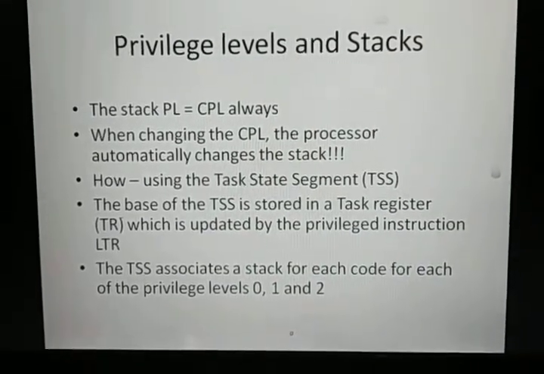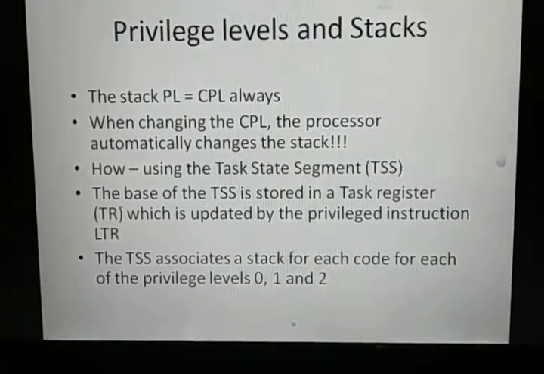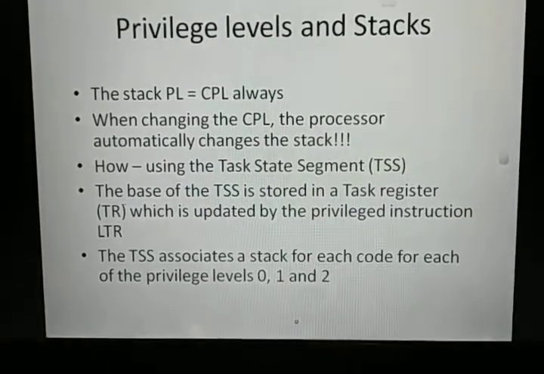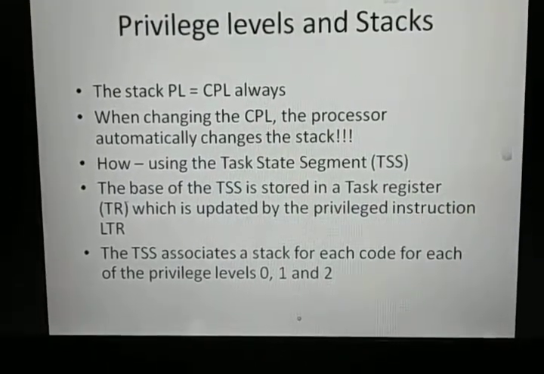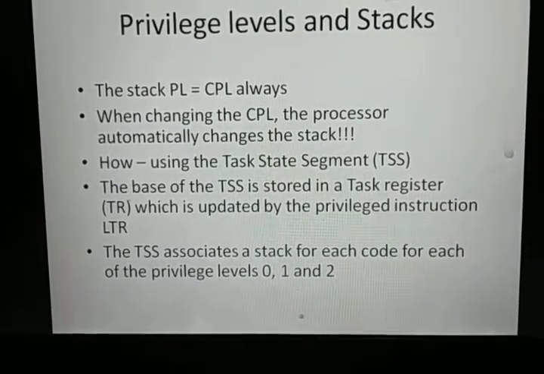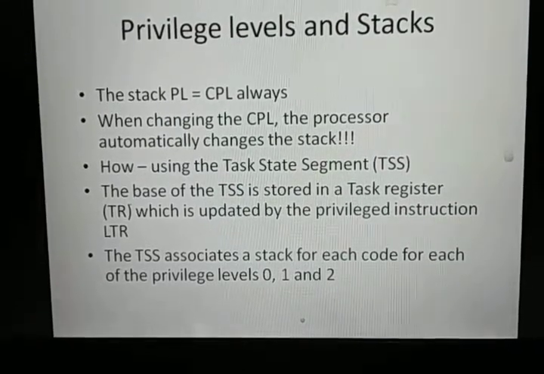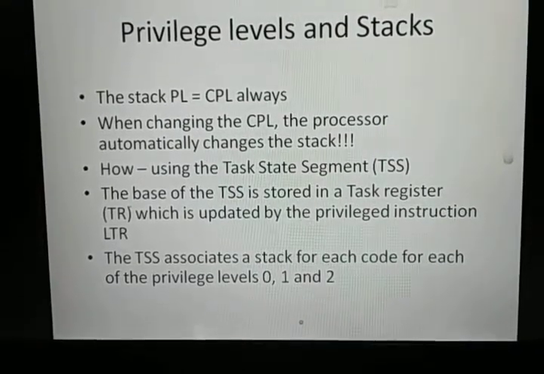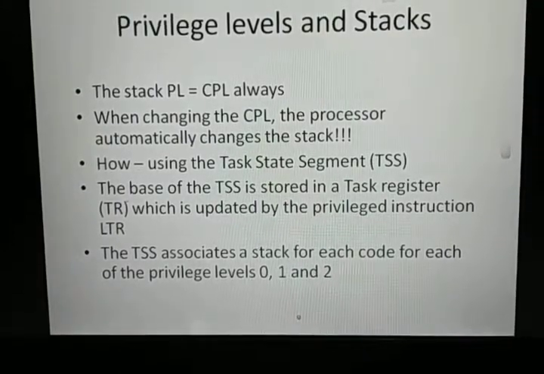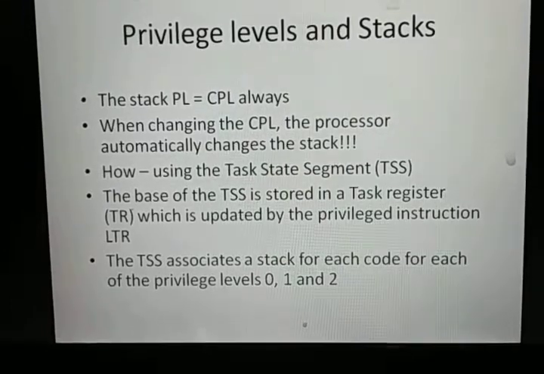Privilege level and stack. The stack privilege level equals the current privilege level. When changing the CPL, the current privilege level, the processor automatically changes the stack, using the task state segment. The base of the task state segment is stored in the task register, which is updated by the privileged instruction load task register. The task state segment associates a stack with each of the privilege levels 0, 1 and 2.